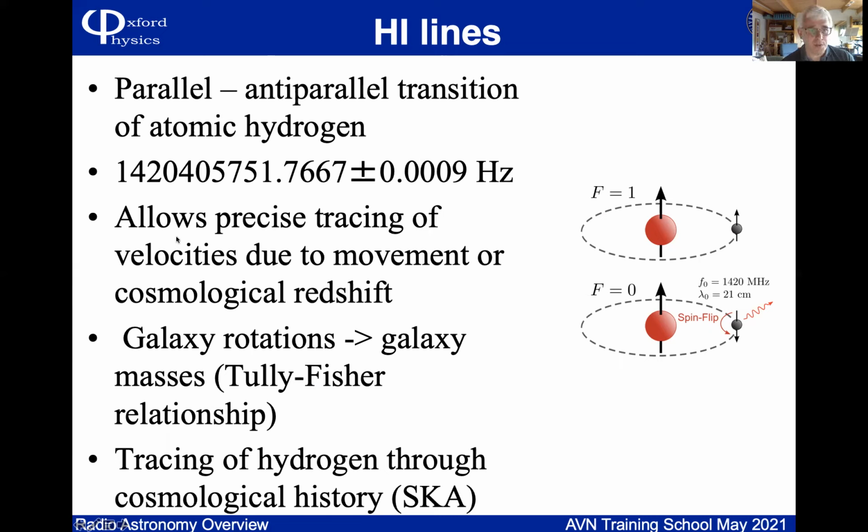And it allows us to precisely trace the velocity of the gas, either due to the intrinsic movement within a galaxy, say, or due to the cosmological redshift due to the expansion of the universe.